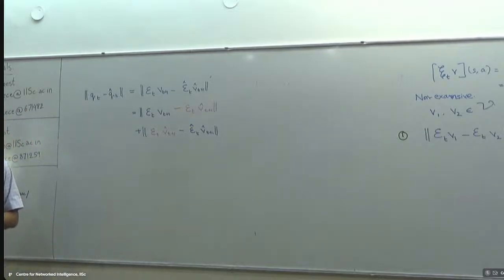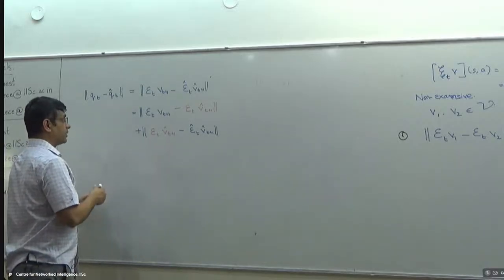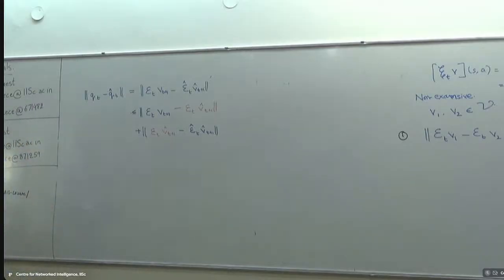So, I have added and subtracted the terms in red. I will have an inequality because this is my triangle inequality. And now, I have things that I can do.